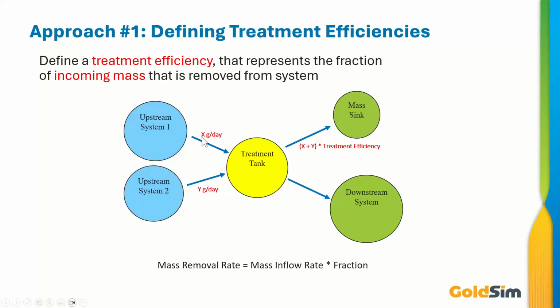Essentially, we have X grams per day coming from this source and Y grams per day coming from this source, and we're going to send X plus Y times the treatment efficiency to the sink. The rest of the mass is going to move on to the downstream system. That is what a treatment efficiency is going to look like.